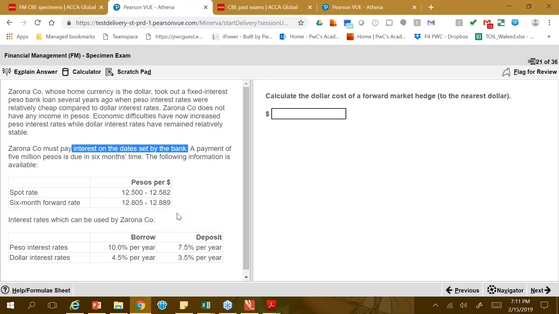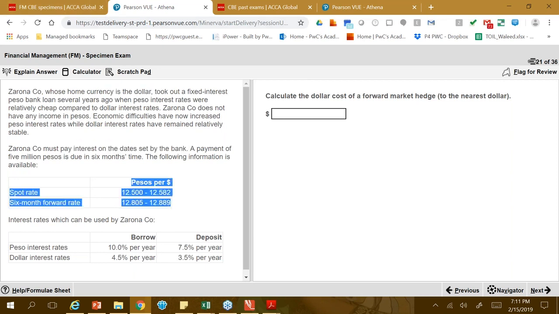The following information is available. We have the peso per dollar spot and the 6-month forward rates. Remember, Zerona's home currency is the dollar, so the rates are quoted as FX/home. We have the spot rate, and the 6-month forward rate.